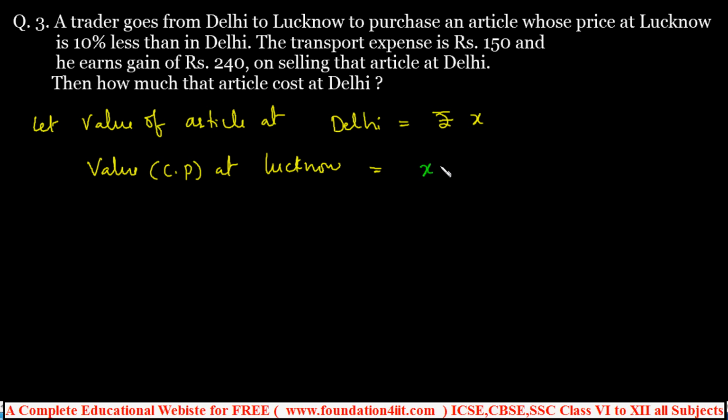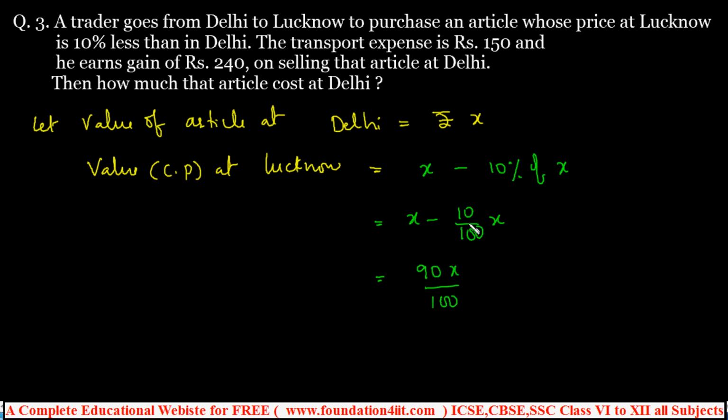That means according to the Delhi cost, X minus 10% of X, because the article cost at Delhi is X rupees. From that you subtract 10%, because it is 10% less. X minus 10 by 100 into X, that is 90x by 100.